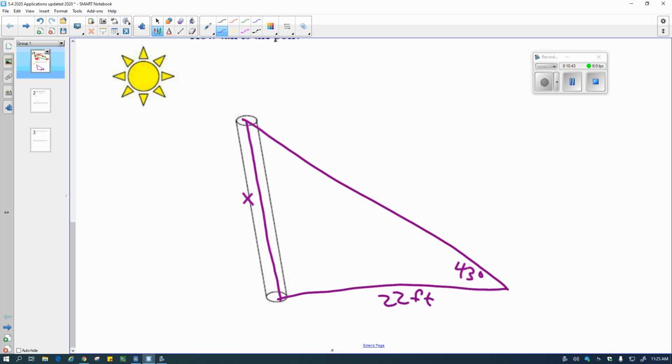And then that one little detail that it gave me, if this pole was standing straight up, this would be an 8-degree tip that we have there. If it was standing straight up, it would be a right angle. So the total angle would be 98 degrees.